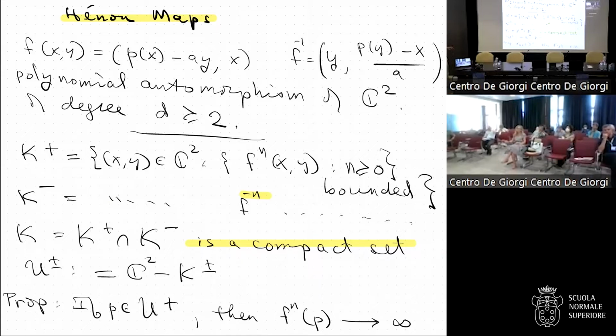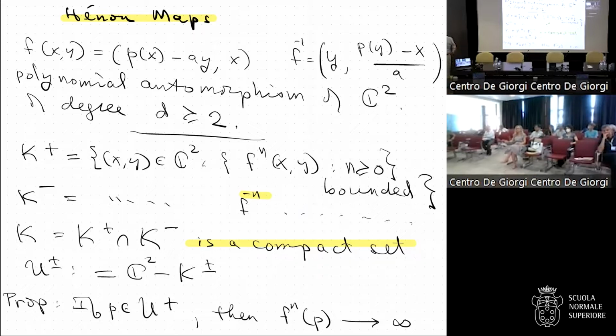So what do we do? You follow the pathway that people have done for complex dynamics in dimension 1. You're looking at polynomial maps, and you want to look at the set of points that do not escape to infinity in forward time, or again, the points that do not escape to infinity in backward time.